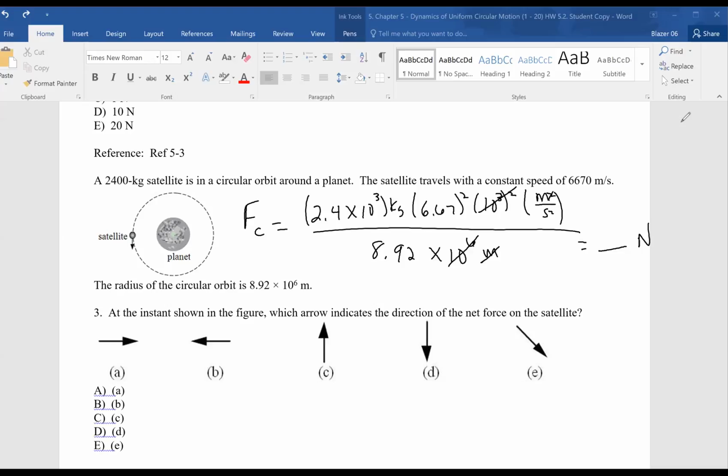So I'm going to start with 6.67 since that's being squared. 6.67 squared, do that first. And then times 2.4. And then divide that by 8.92.